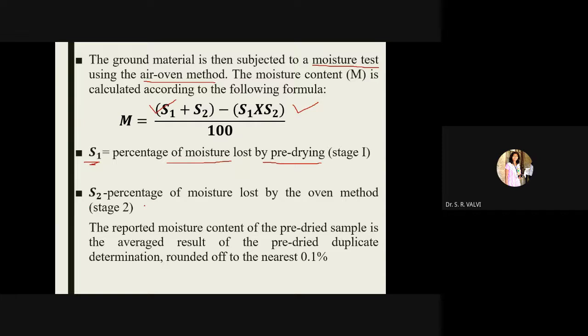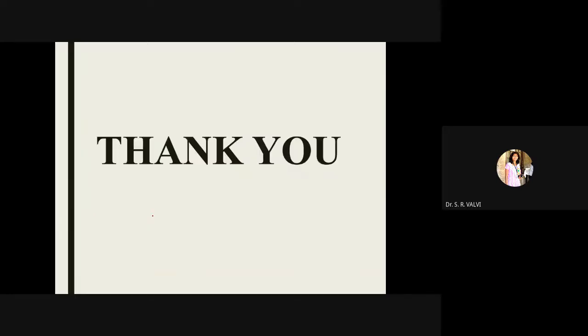Whereas S2 is the percentage of moisture lost by the oven method or normal drying, right? So that is S2. So likewise, you have to calculate the moisture from the pre-dried seed samples as well as the direct seed samples by using these formulas. So thank you very much.